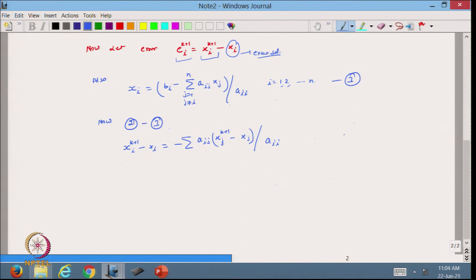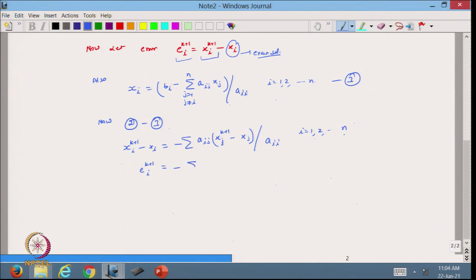So, now from here you can check that this I can write as e k plus 1 I, the error at the k plus 1 step, and this is true for all I, 1, 2 up to n.